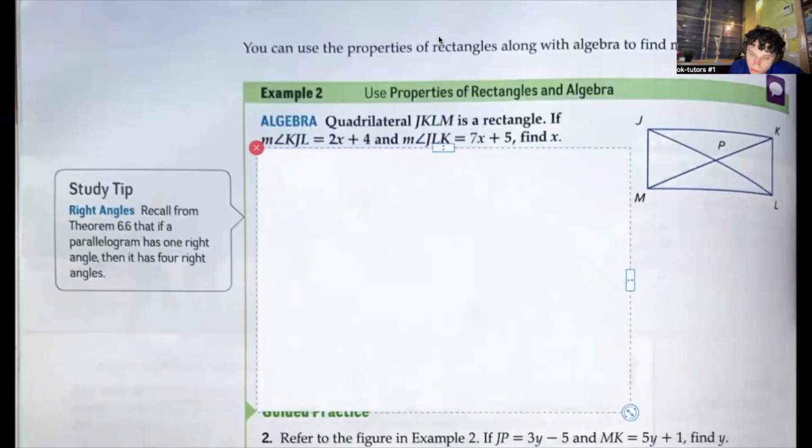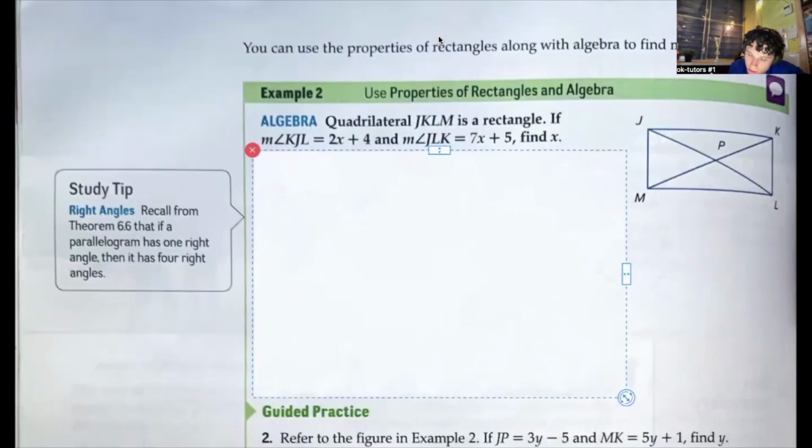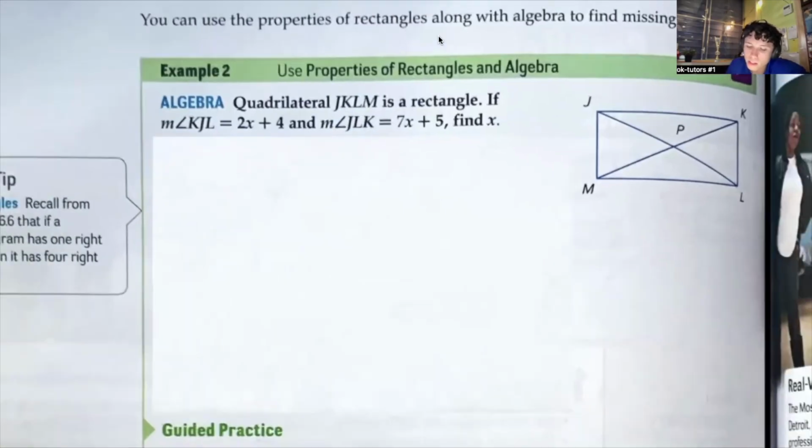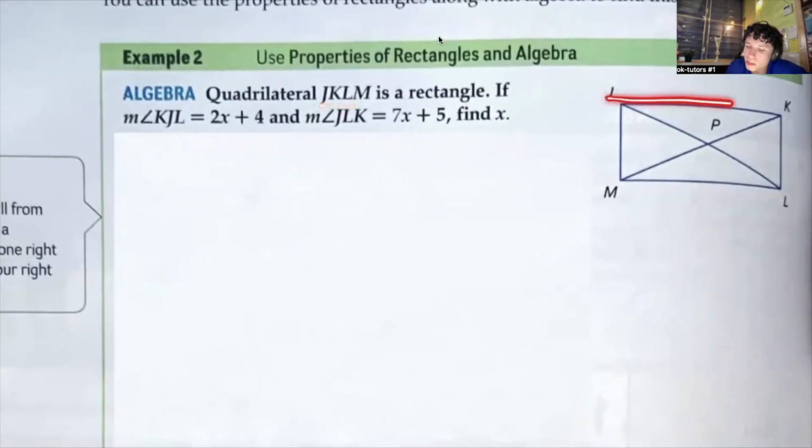Okay, so it says the quadrilateral JKLM, JKLM is a rectangle. That means all of the angles measure 90.